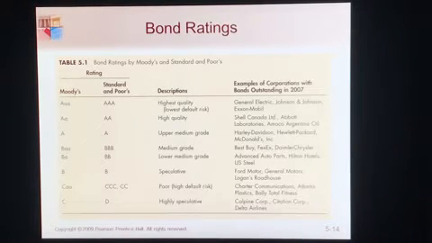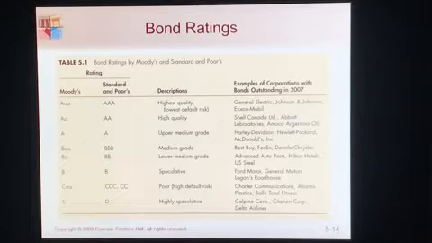What is meant by AAA according to Moody's, and what is meant by the Standard and Poor's rating AAA? They determine the credit rating of different companies' bonds according to the risk factors involved.